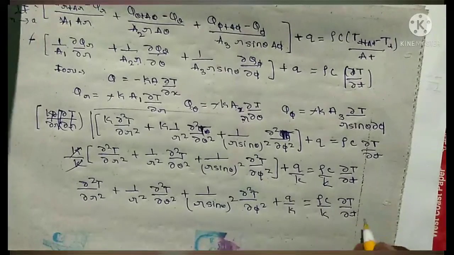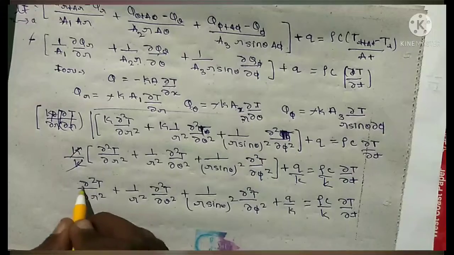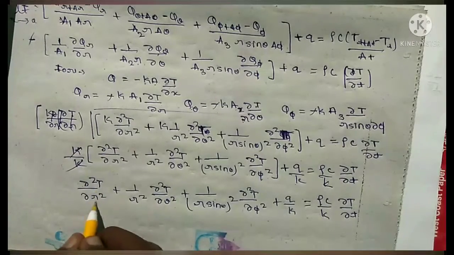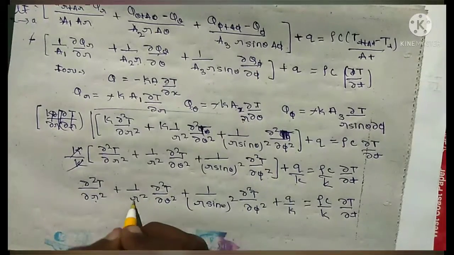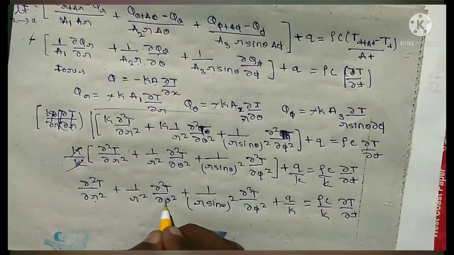Here I want to tell you each and every term. Here T is the temperature, and this is the double partial differentiation of temperature with respect to r. Here r is the radius, the radial distance.